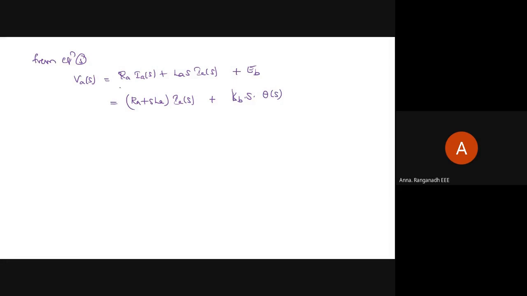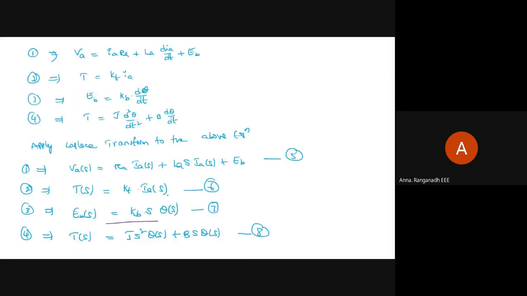So this equation will become V of S with theta of S there. Again we need to eliminate this IA of S. How to eliminate it, we'll see. Now I'm going to write one more time RA plus S LA into IA of S plus KB into S into theta of S. From the sixth expression, I am going to write IA of S equals T of S by KT.